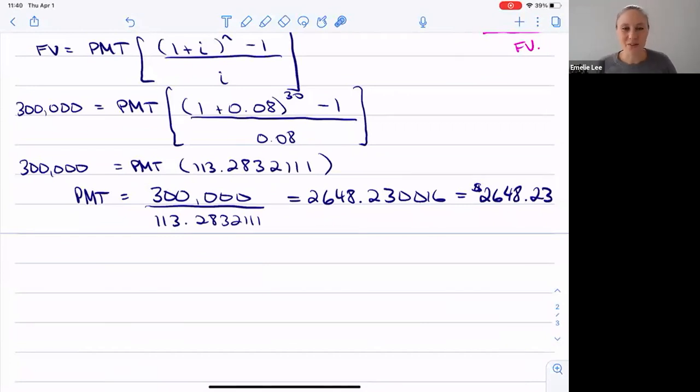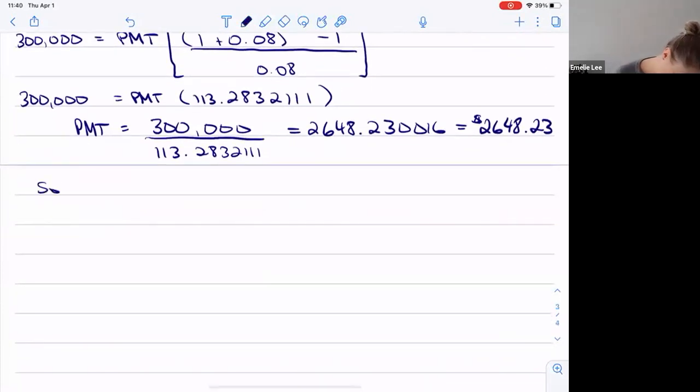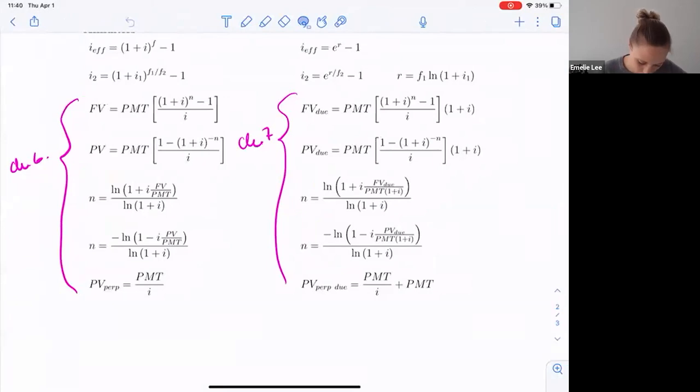Okay, so all right. So next thing I want to show you is how to solve for n. So solving for n requires a different formula, and it's on your formula sheet, of course. I'll bring in the part of the formula sheet.